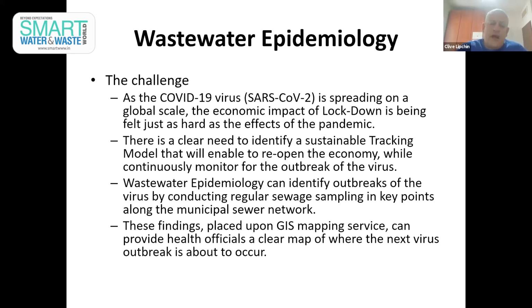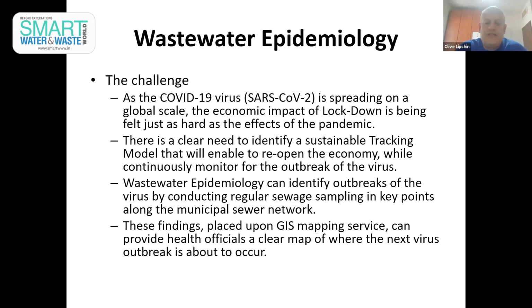So we need to take our wastewater sampling through the wastewater epidemiology approach, map this on the sewer networks using, of course, tools like GIS and other mapping services, compare and correlate that with public health data on testing of individuals that are symptomatic for the disease. And together we can provide a more comprehensive package to health officials so that they can be more prepared and aware of dealing with the virus in terms of future outbreaks.